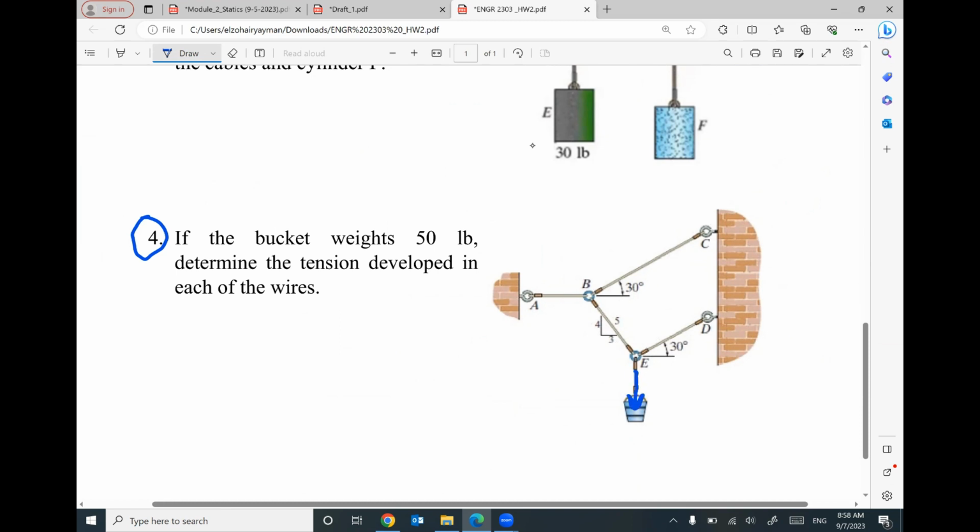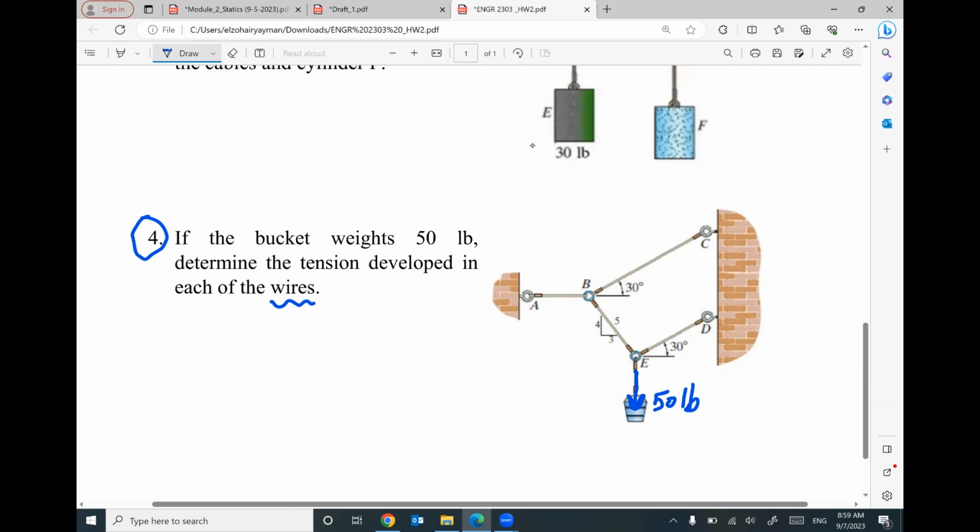As you know, your weight must be in a vertical direction downward, 50 pounds. To hang this bucket, we have a system of cords or cables or wires to keep this bucket in this position.